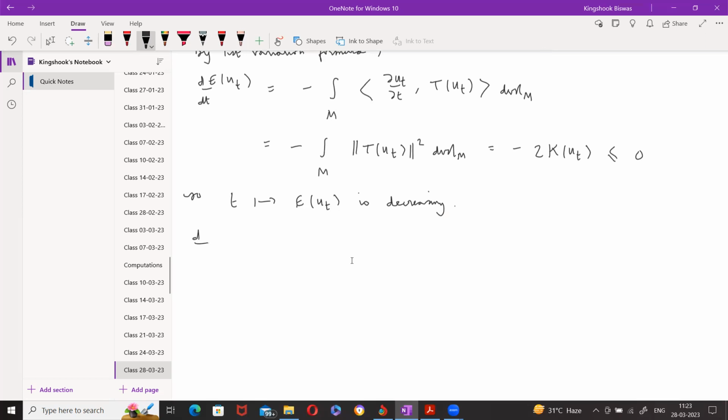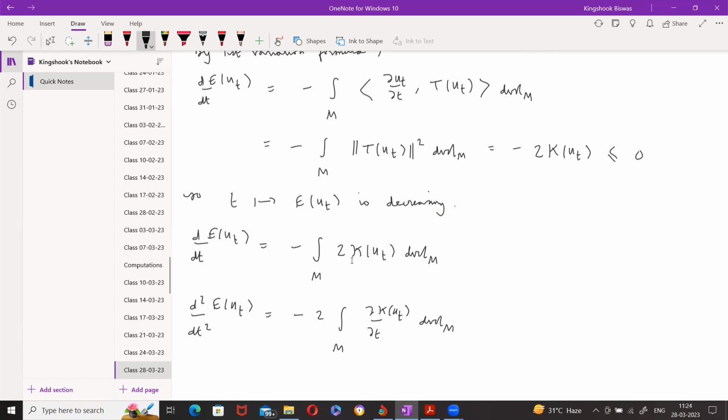The derivative of the energy is minus the integral of twice the kinetic energy kappa of u_t d vol M. So by differentiation under the integral sign, the second derivative is going to be minus twice the integral over M of ∂/∂t of kappa(u_t).